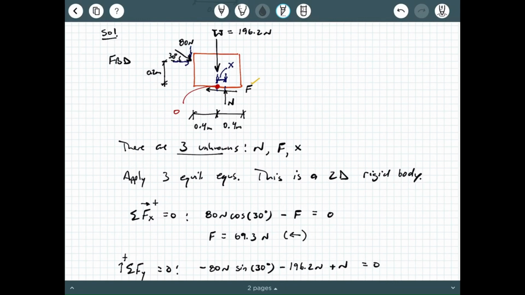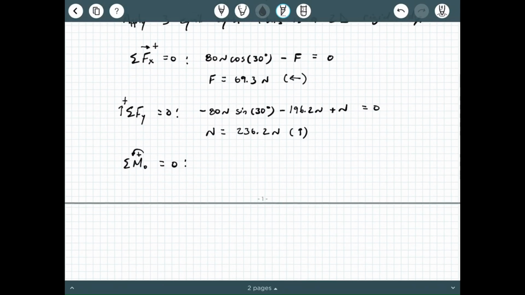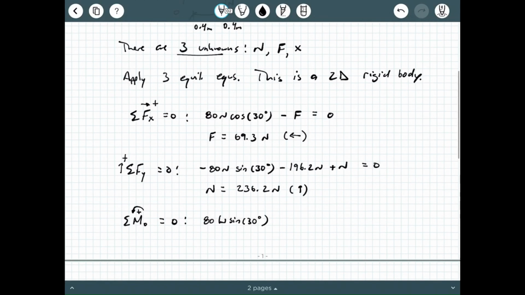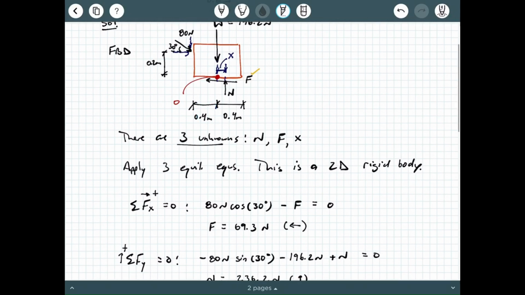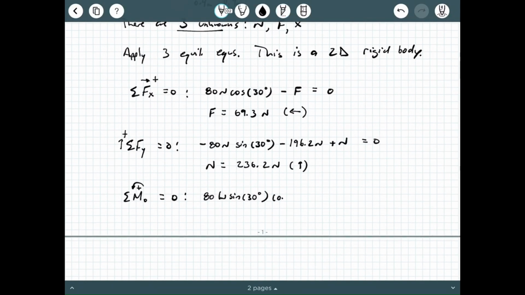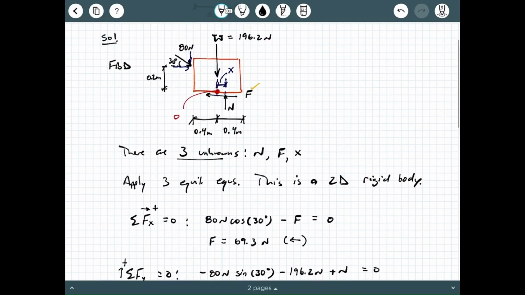So let's do this one at a time. Let's look at the vertical component of the 80 newtons. I'm going to say 80 newtons times the sine of 30 degrees times its perpendicular distance to the origin, which is going to be 0.4 meters.